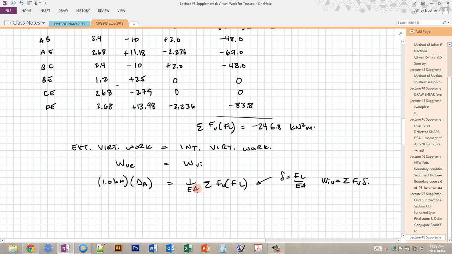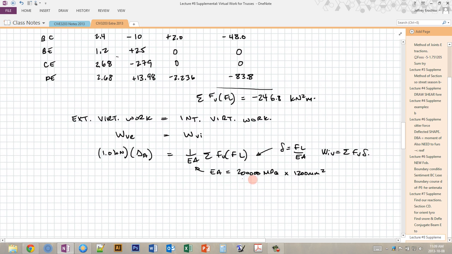And then this EA here is equal to 200,000 MPa times 1200 millimeters squared, which are the Young's modulus and cross-sectional area that we defined at the beginning of the problem.